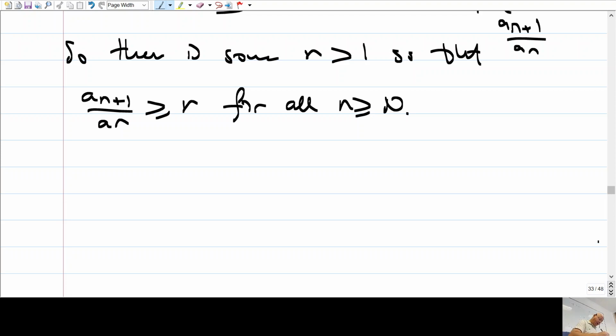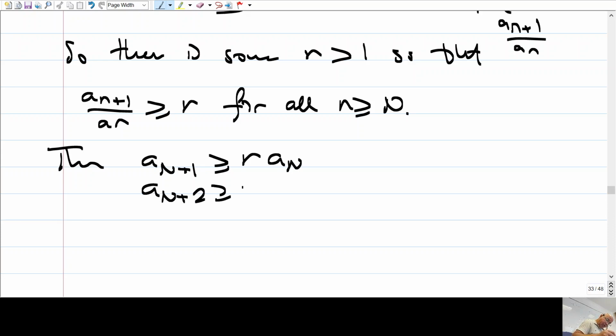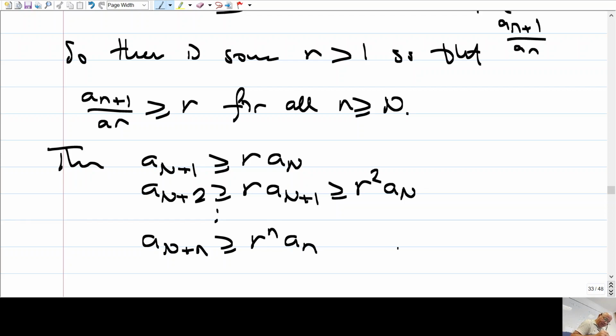As in the above case, this implies a_{N+1} will be larger than r times a_N, a_{N+2} will be larger than r times a_{N+1}, which is r squared a_N. And this way, we will see that a_{N+k} will be larger than r to the k times a_N.